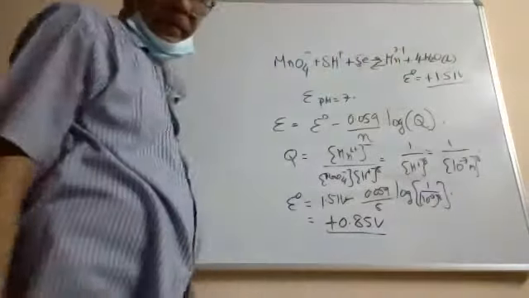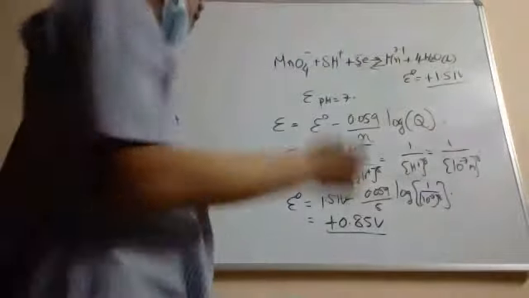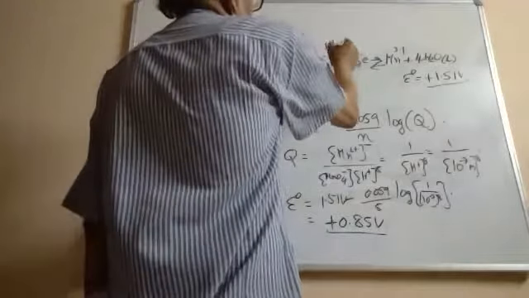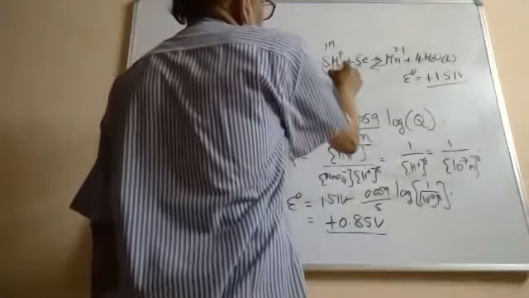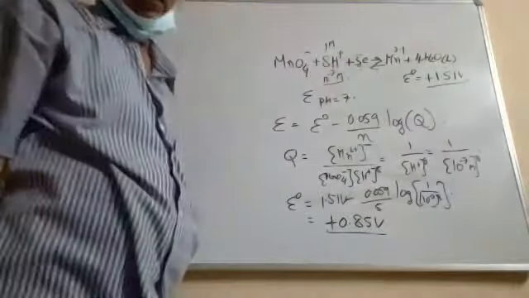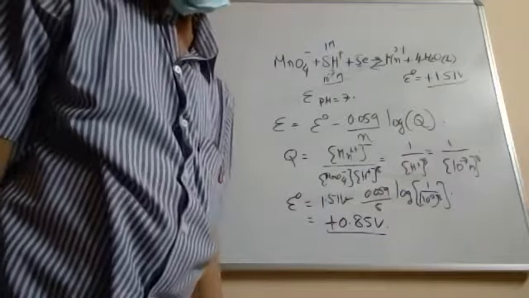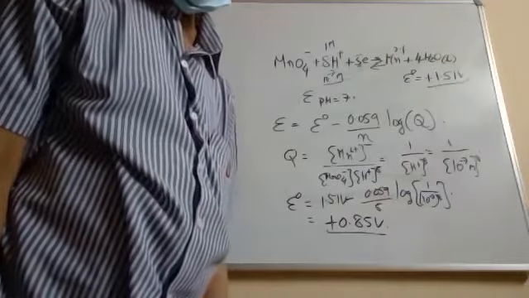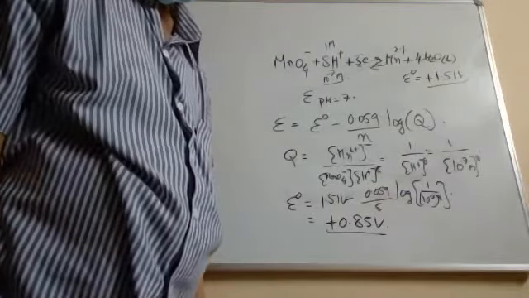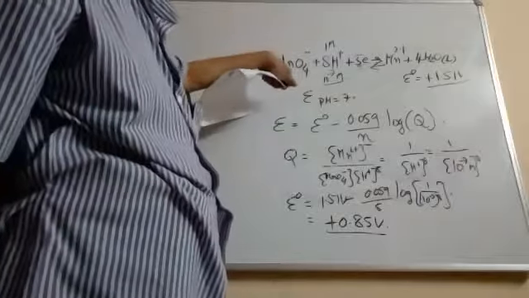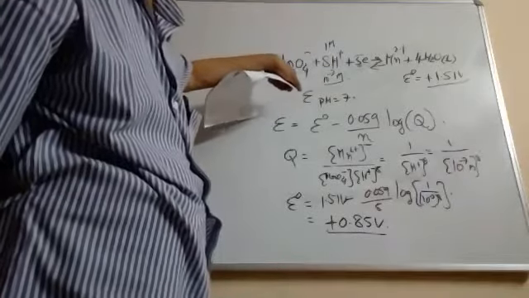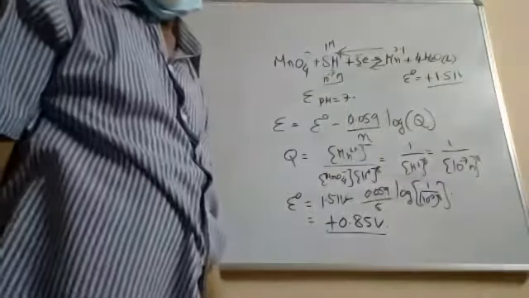So if you look at the equilibrium here, right? With the standard state, we have 1 molar. Now I reduce this concentration down to 10 to the -7. So which way would the equilibrium move? When you reduce the concentration of the reactants, Le Chatelier's principle tells us that the reaction must move from right to left.